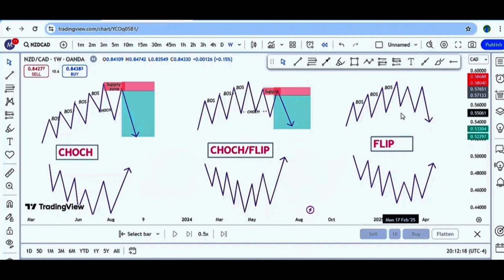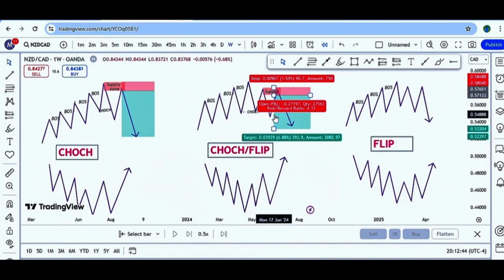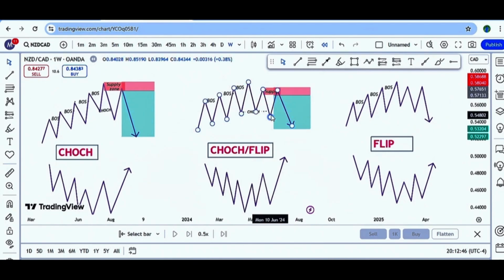On the choke flip, when the market reached the downside, which is the demand zone, the market went up, wasn't able to take the high, and changed character to the downside, and we waited for our price to come to the supply zone, and it flew to the downside.